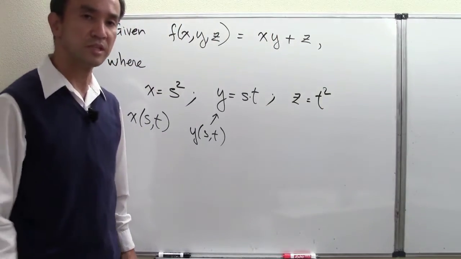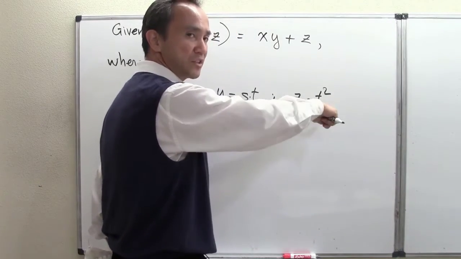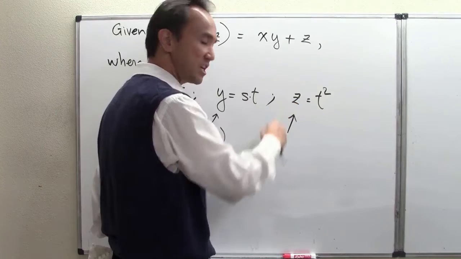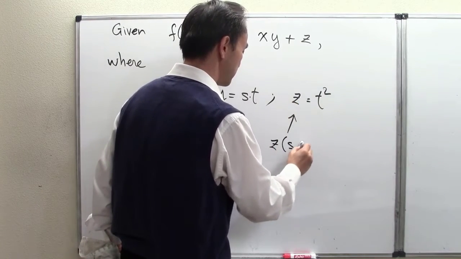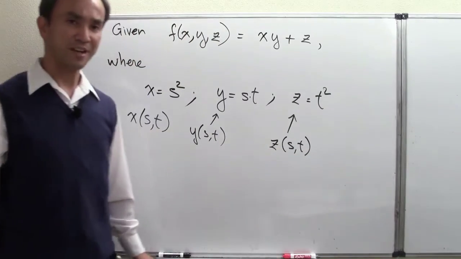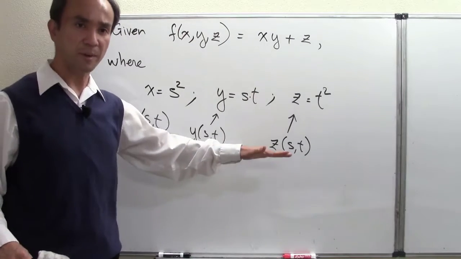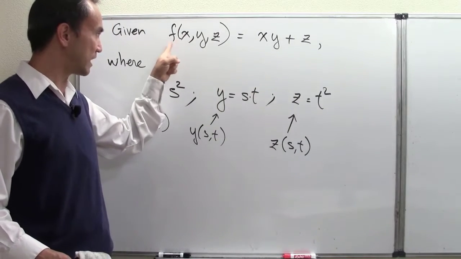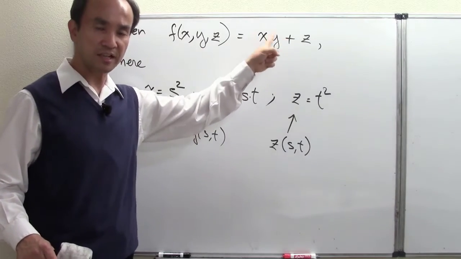Even though we don't see the s variable in the definition of z, z can also be regarded as a two-variable function, z of s comma t. So that's everything about the given information: we start with f as a function of x, y, and z given as x times y plus z.